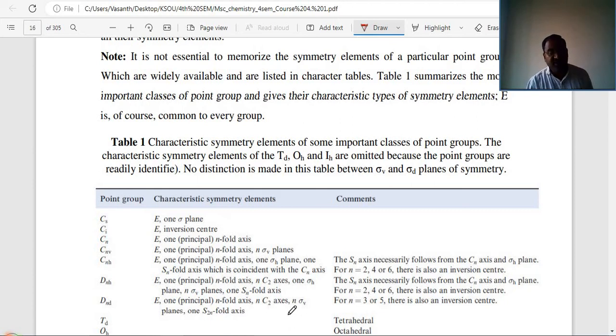The characteristic symmetry elements of the tetrahedral, octahedral and icosahedral groups are omitted because the point groups are easily identified. No distinction is made in this table between sigma v and sigma d planes of symmetry.